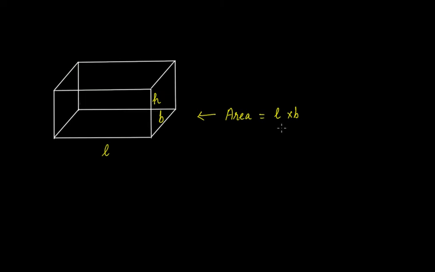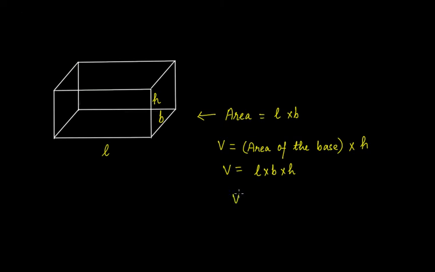Now same as what we have seen in the case of cylinder, the volume will be area of the base, that is the space occupied by one fine rectangular plate, multiplied by height h, that is L multiplied by B multiplied by h, and that is what we have learned.